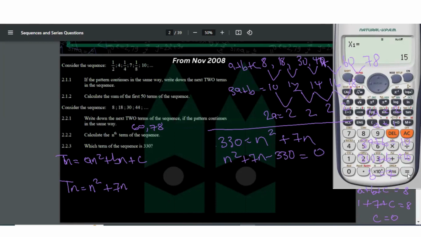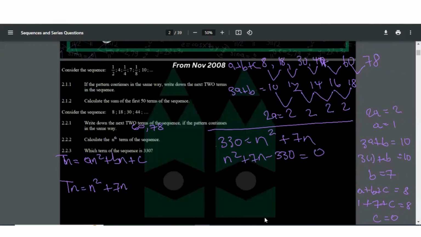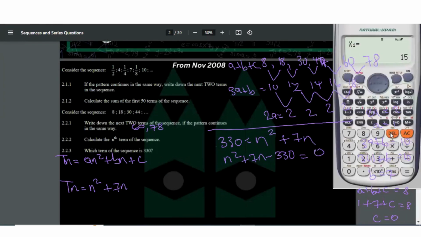So the first x is equal to 15, and then the second one is equal to minus 22. Okay, cool. Now, when we have that information, we can say n minus 15, and the other one n plus 22 is equal to 0.